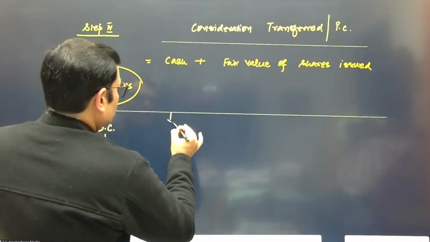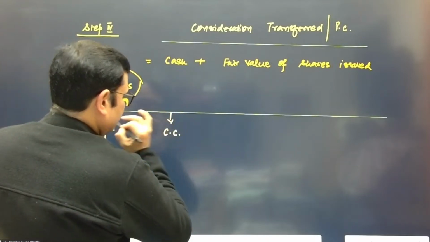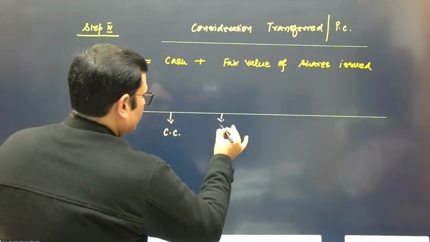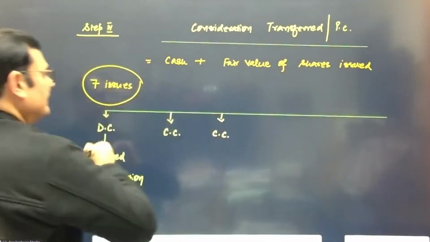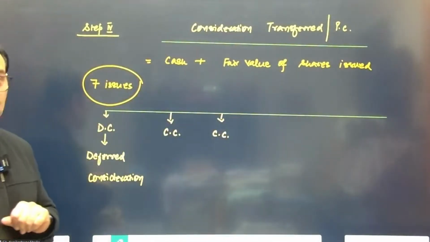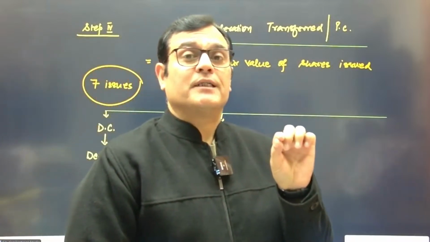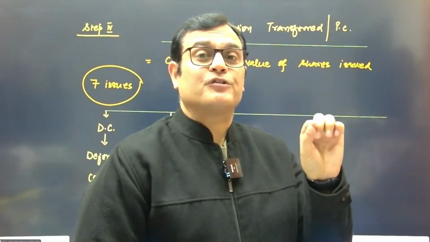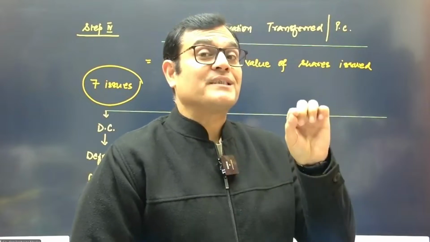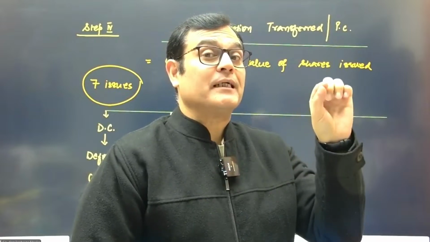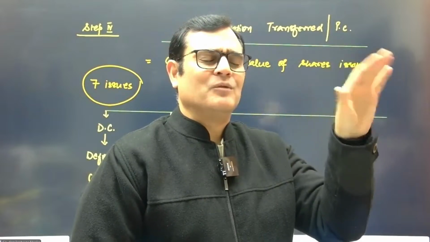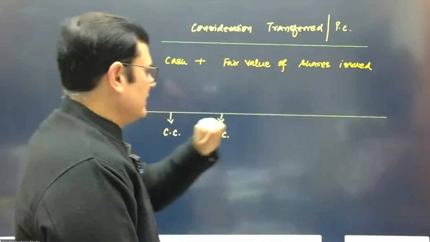The second one is what I call CC. And the third one is also called CC. Now you would say, both CC? One is contingent consideration in the capacity of shareholder, and one is contingent consideration in the capacity of employee. Don't get worried about what it is, we'll see that.